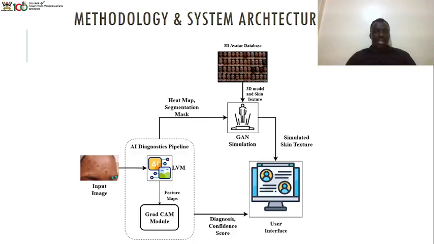And then on top of that, it is going to use a large vision transformer like CLIP or Segment Anything to extract the affected area, and then that affected area is what is going to be mapped onto the avatar, and finally it will be visualized to the end user in the user interface, plus the diagnostic, the confidence score, and then the affected region areas.